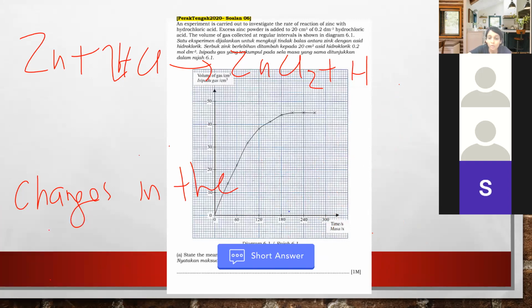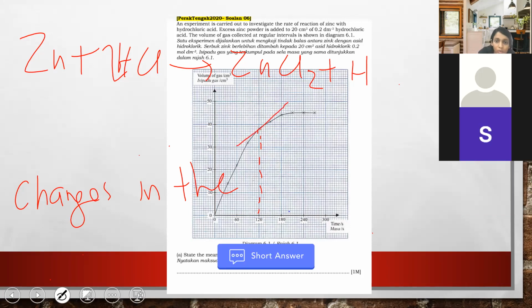Very good. So at 120, you take your ruler and draw a dotted line, and go to where the curve is, to where the X is, all the way up there, and then you draw a tangent.